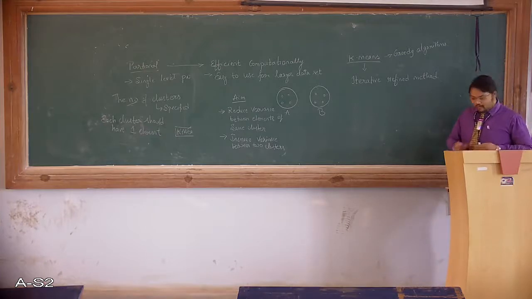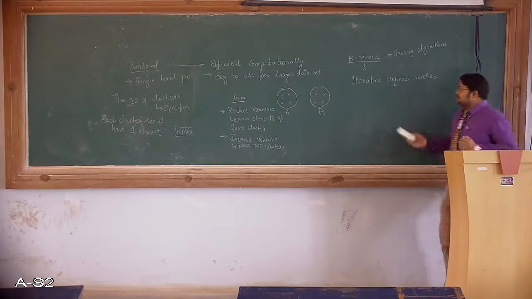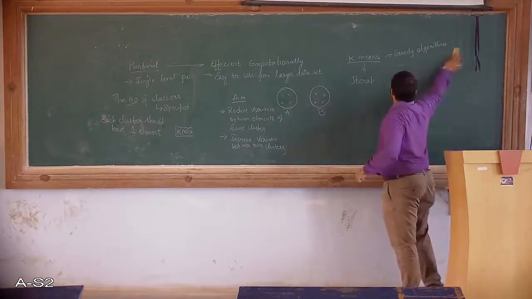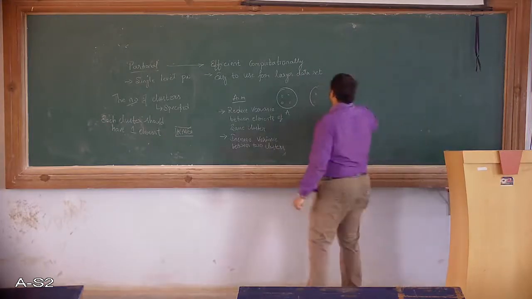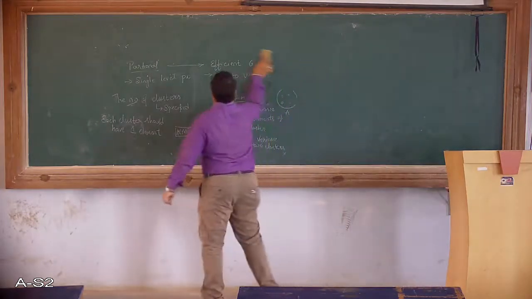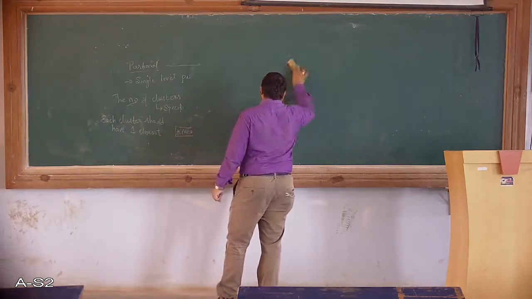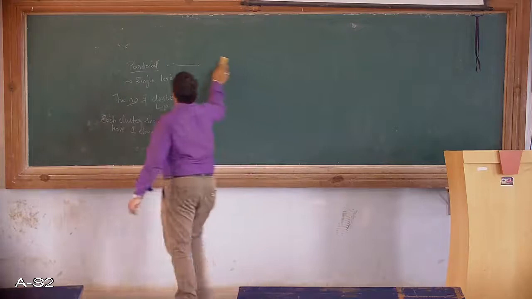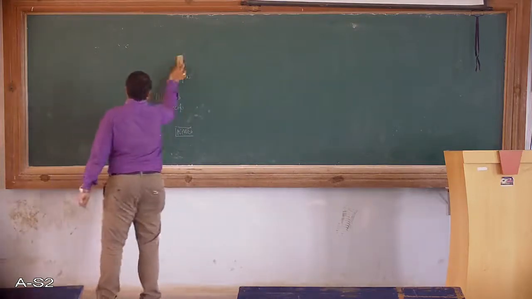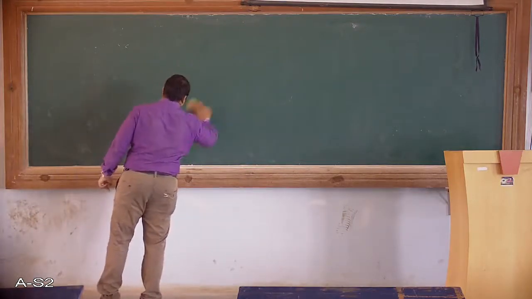So now we are going to discuss the k-means algorithm. The k-means algorithm is one of the partitional methods algorithms, as I said, which we will be using to classify the given data onto different clusters, or to the nearest cluster here.